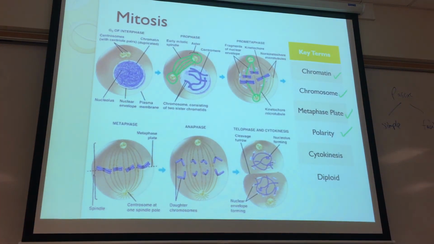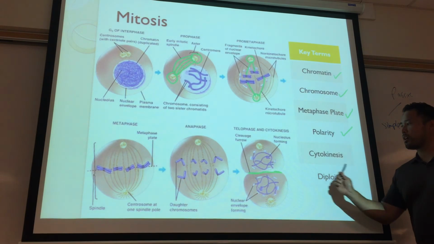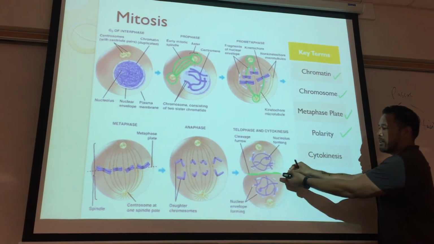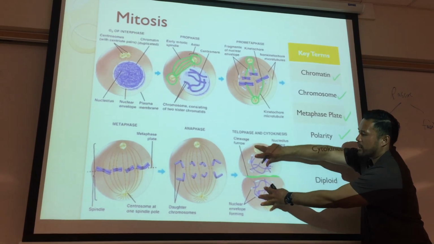You have what's called the cleavage furrow, and there are microfilaments that are involved in cleaving the North Pole from the South Pole. The way it works, it's like a drawstring that wraps around, and it comes in and draws that drawstring tight and eventually squeezes to the point that they separate.